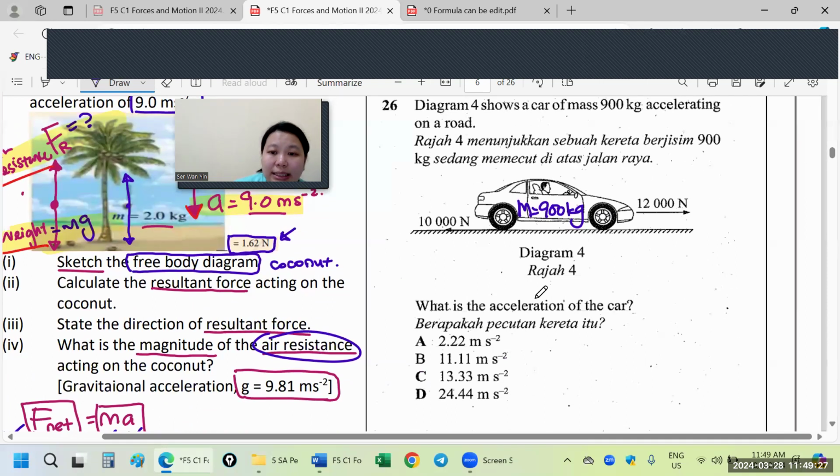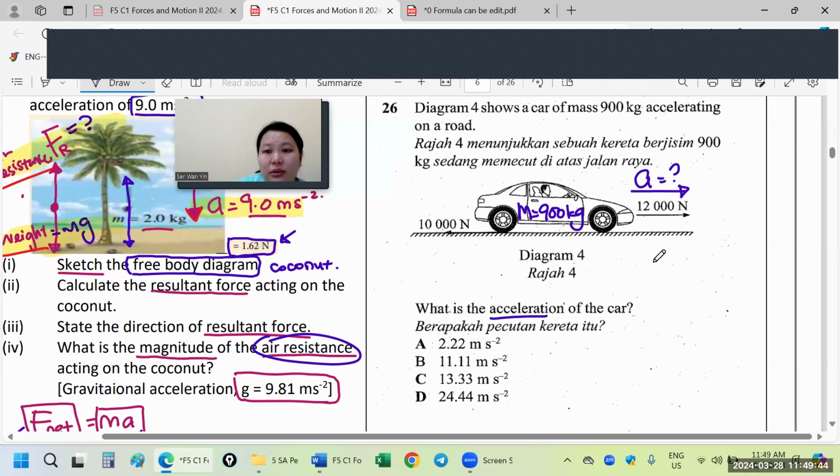Okay, so now what is the acceleration of the car? Actually here the front is more than the back. So acceleration going this way, question mark. So what to write from the starting point?